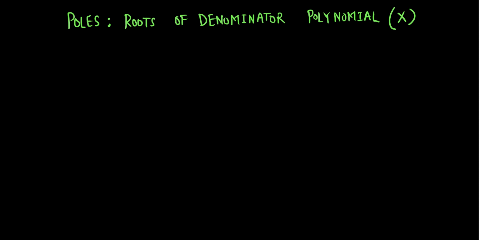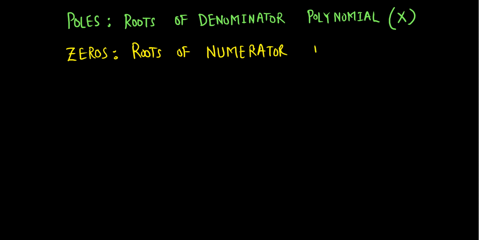And zeros are the roots of the numerator polynomial, and they are indicated by these circles.